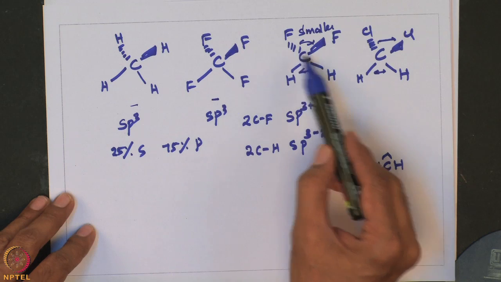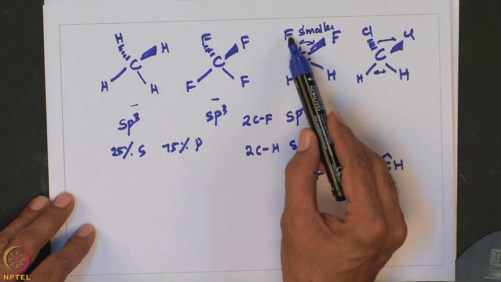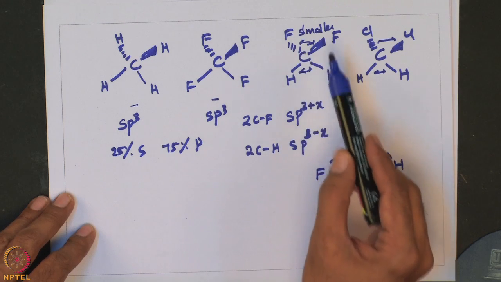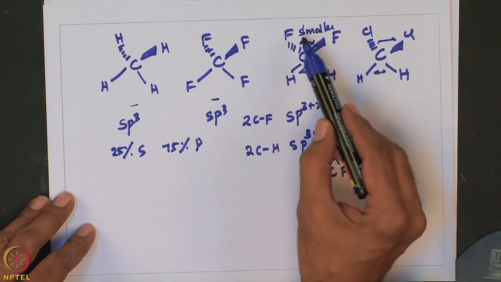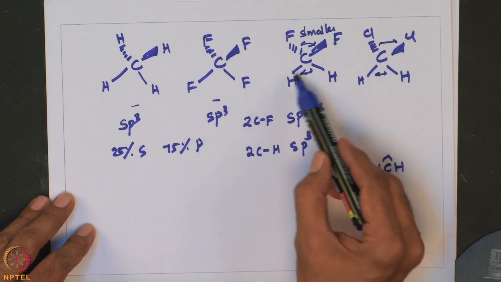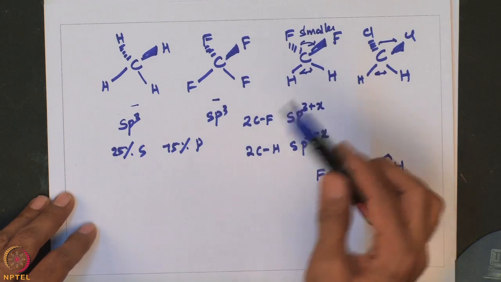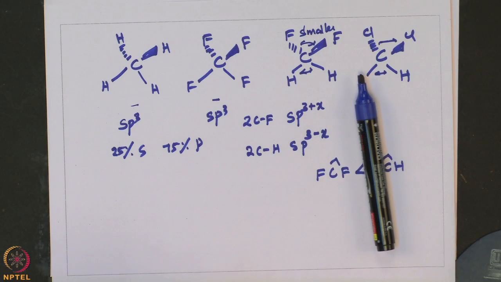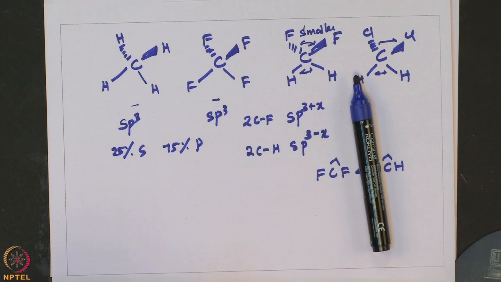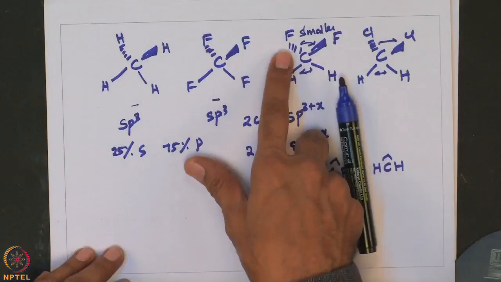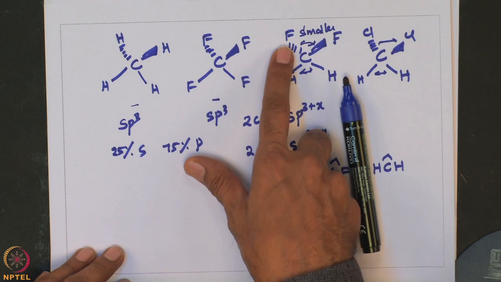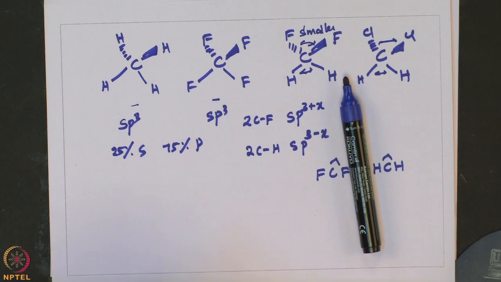So, here the sp3 in case of CF and CH are different. In case of CF, sp3 has more p character, in case of CH sp3 has less p character. When the p character is less, angles are close to tetrahedral or greater than 90, whereas in case of fluorine where the p character is more, the angle is coming close to 90 degrees.